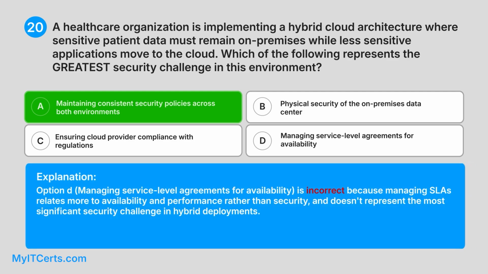Option D, managing service-level agreements for availability, is incorrect because managing SLAs relates more to availability and performance rather than security, and doesn't represent the most significant security challenge in hybrid deployments.